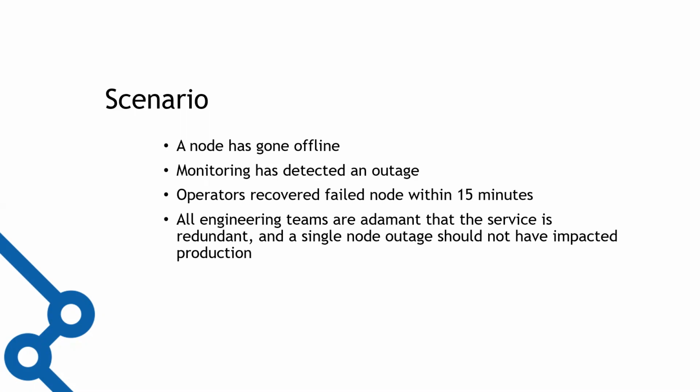However, the problem was that the node outage caused a service outage as well. All of the engineering teams involved are adamant that the service is actually redundant, and that a single node should not have caused a service outage and should not have impacted production.